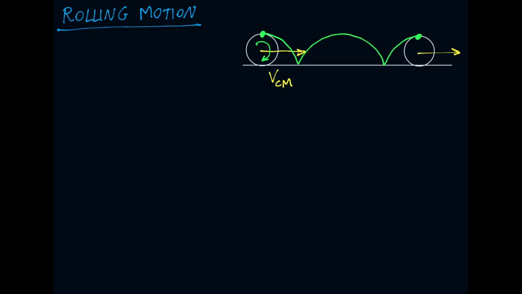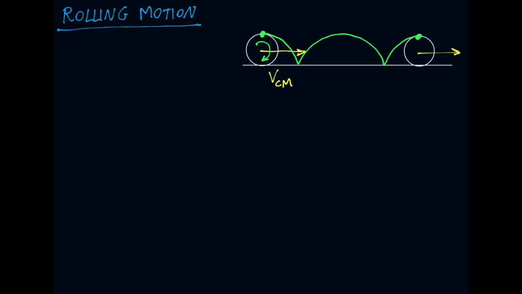The goal for us today is to relate the translational motion of the object as a whole, which is dictated by its velocity and potentially its linear acceleration, and the rotational part. These are not, in rolling motion, just independent things.